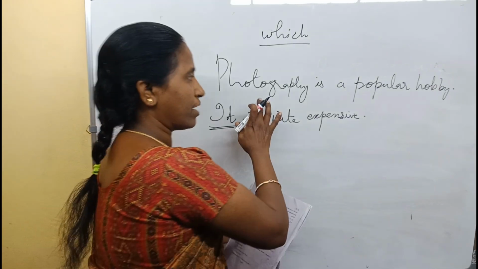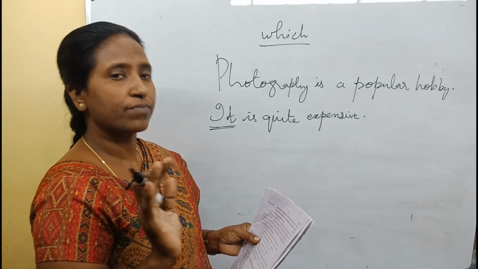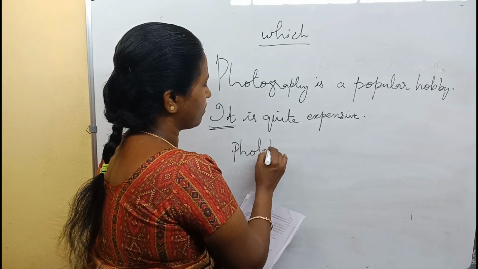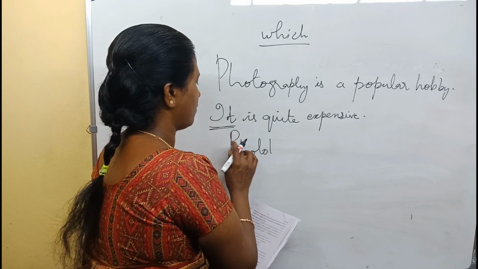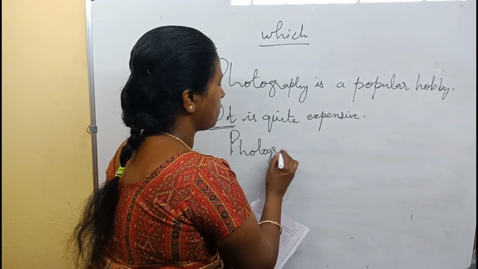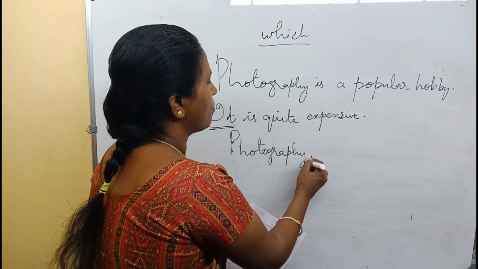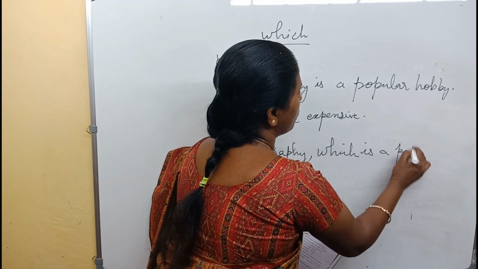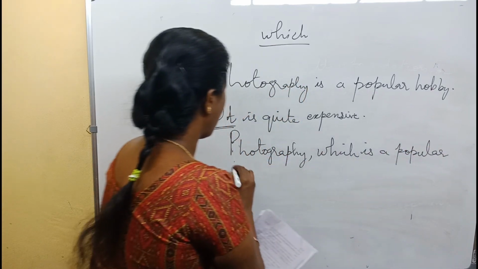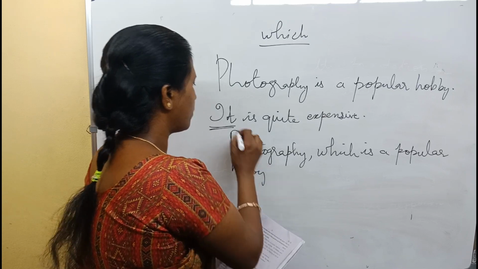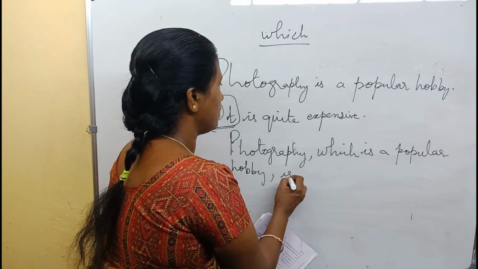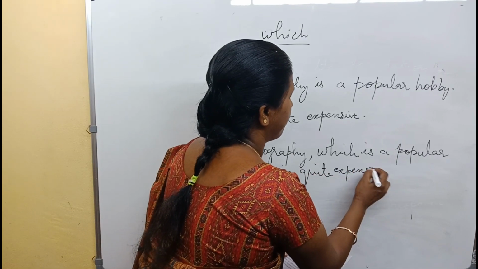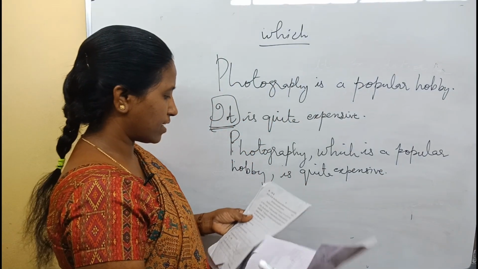It denotes photography. So where should you write the which? Yes, immediately after photography. Photography, comma, which is a popular hobby. Now don't write the it here. Is quite expensive. Okay, let's see if we have any other sentence.